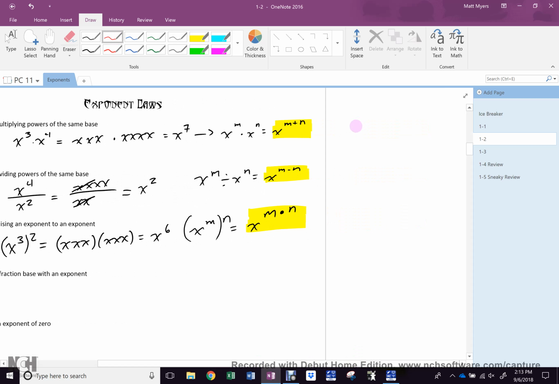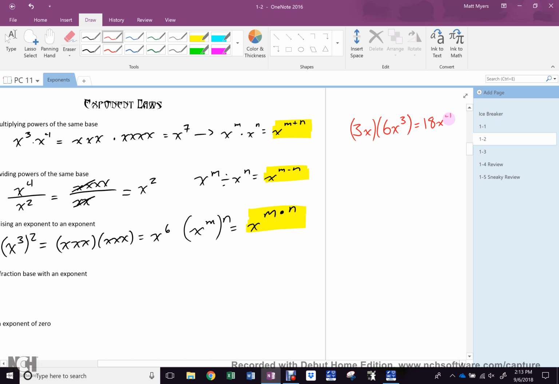What is 3x times 6x cubed? Nope. 18 x to the 4th.